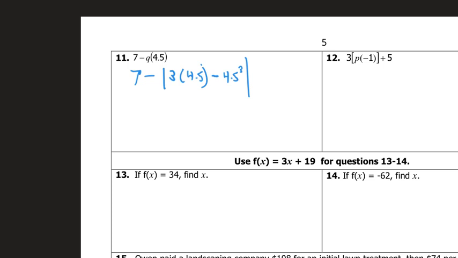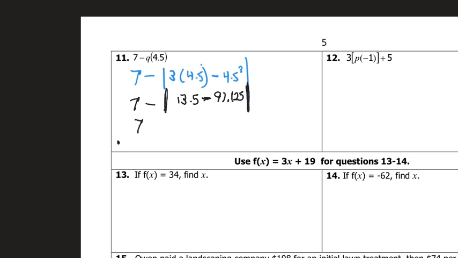Okay. Let's see color. I got black color. 7 minus, and here I've got in this I've got 13.5. You can do it on your calculator if you want. Minus, this would be 91. 4 times 4 times 4. So 91.125, I think. No, yes, okay. All right, and it's still inside the absolute value bars.